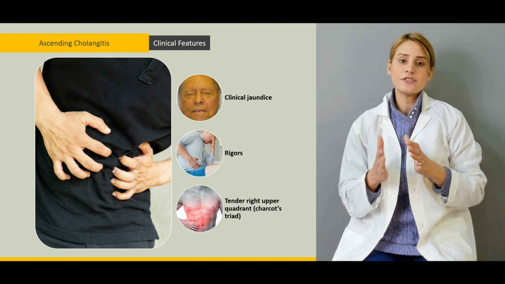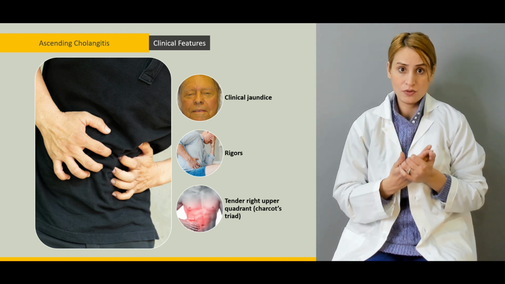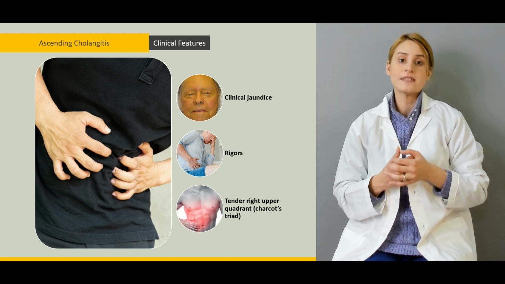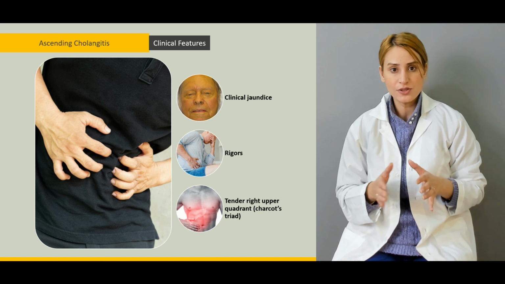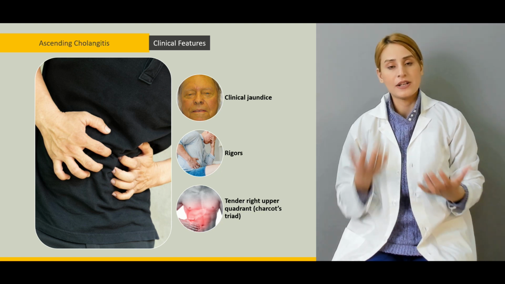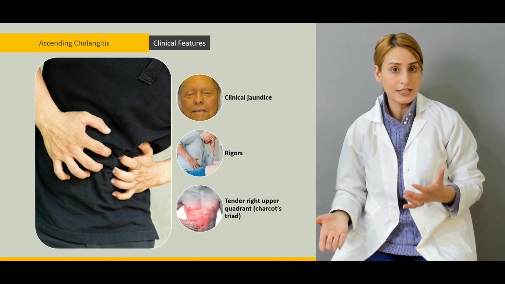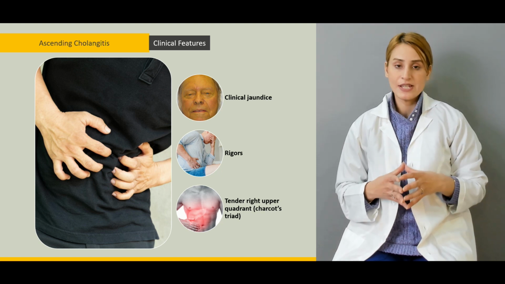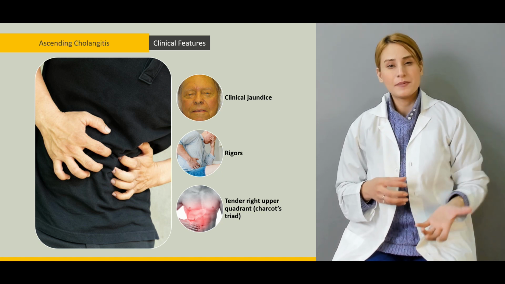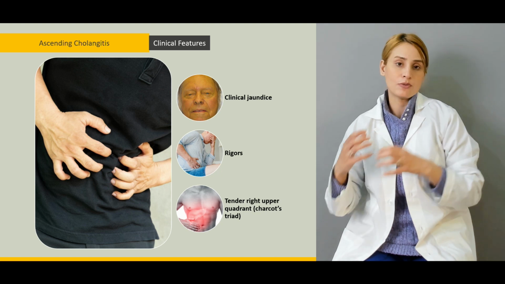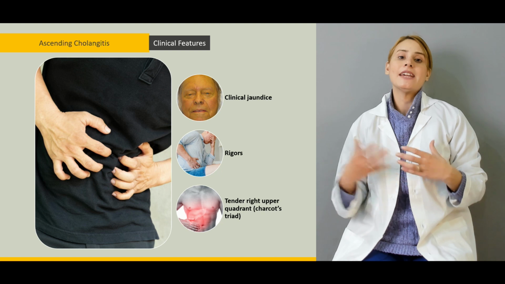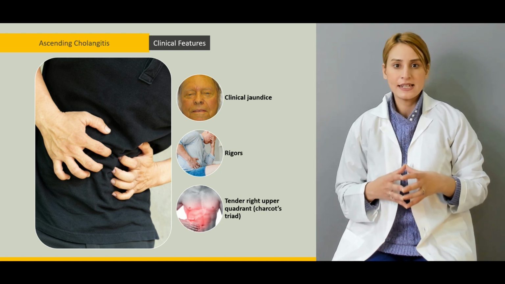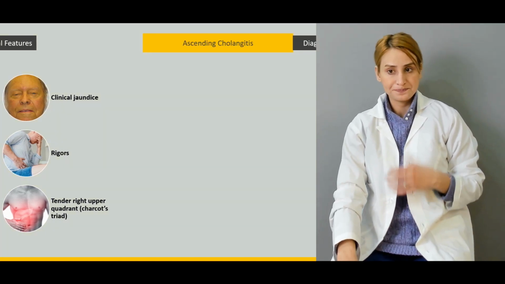So how can you differentiate the cause of the jaundice, whether it's obstructive or hemolytic? You have to take a proper history. He would give you a history of cholelithiasis if he's already known and has had an ultrasound in the past. But specific would be the right upper quadrant pain, and when you examine that patient, there would be tenderness in the right upper quadrant.